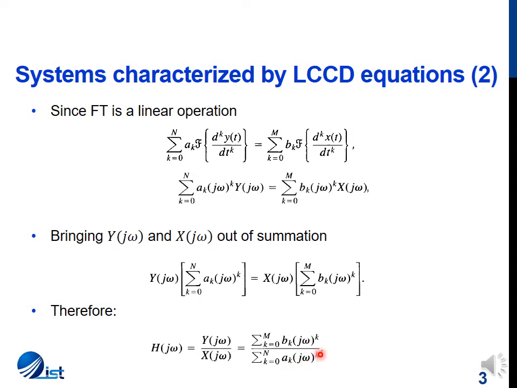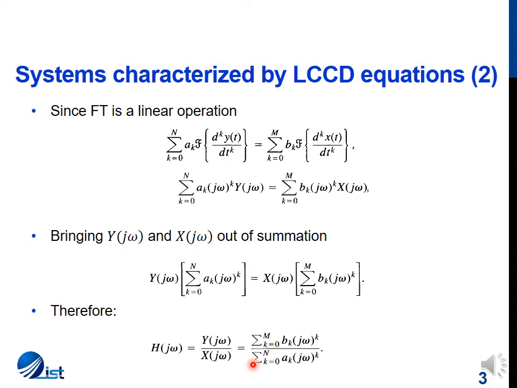Now if we look at this expression and compare it with the Laplace transform of what we learned in lecture 23, we'll see that this expression is similar to what we derived from the Laplace transform. We have a summation of terms in the numerator and a summation of terms in the denominator, where the terms in the numerator come from the input and the terms in the denominator come from the output.